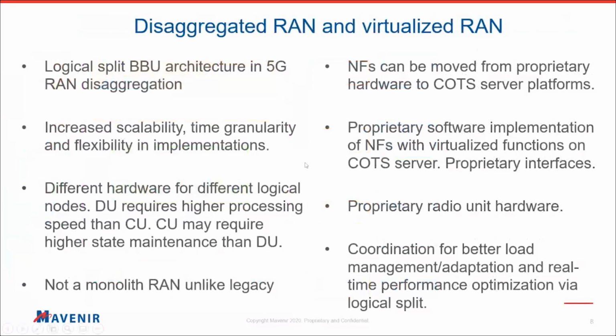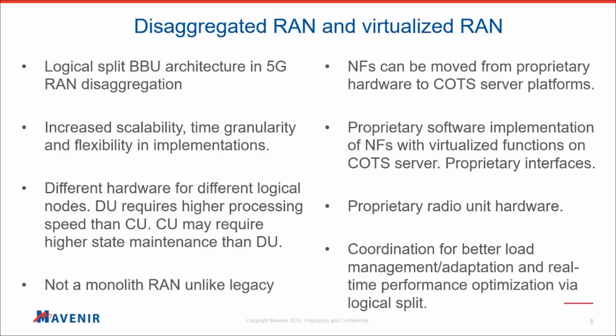Now, just a quick introduction on the disaggregated RAN and virtualized RAN. So logical split BBU architecture and 5G disaggregation. Disaggregation makes use of the logical BBU split. The reason why you want to disaggregate the RAN is to have different hardware components for different logical nodes.